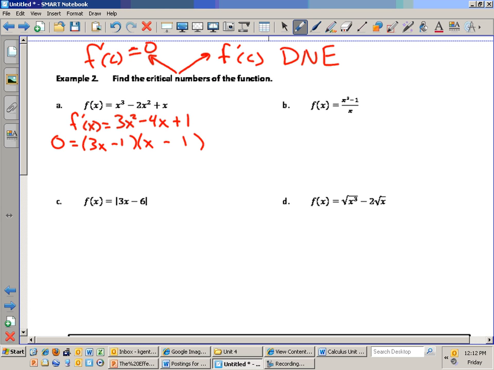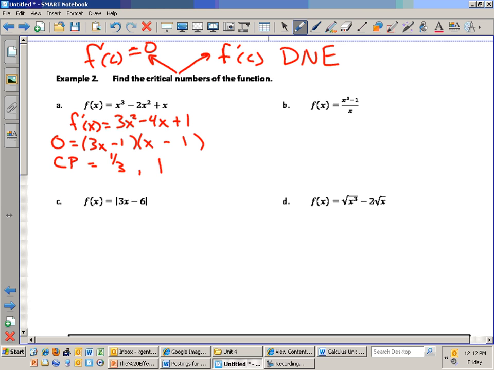Very good, -1 and -1. That will work out. And so what would x be in that situation? 1/3 and 1. So you have critical numbers at x equals 1/3 and at 1.